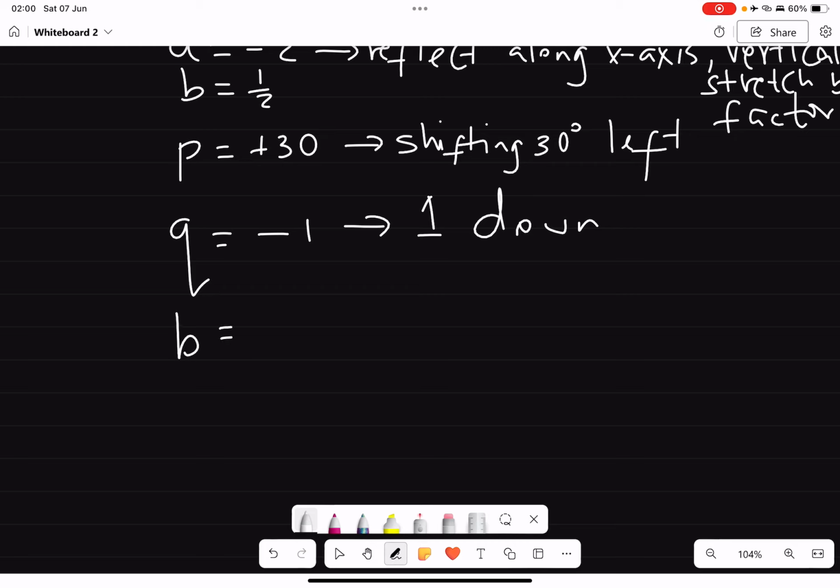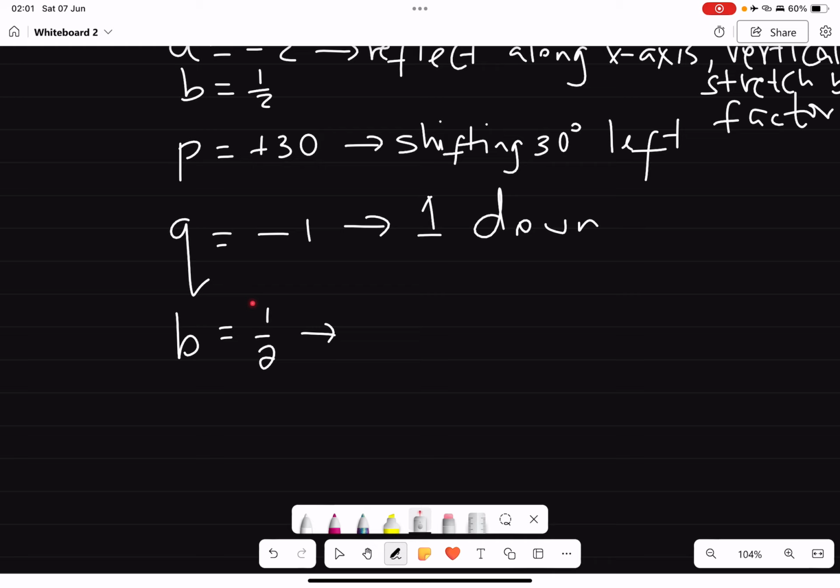Now let's look at B. The B tells us something about horizontal stretch or compression. So the B is 1/2. It's always opposite. You reciprocate when you talk about the stretch or the compression horizontally. So for example, if I reciprocate this, I'm going to have 2. The reciprocal of half is 2, which means I am actually making my x values bigger.